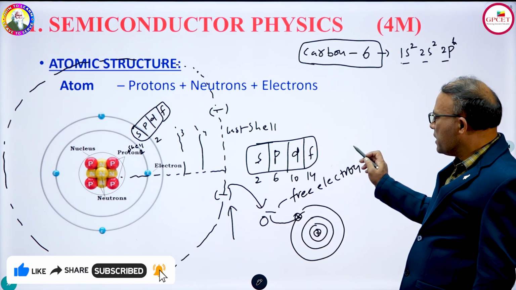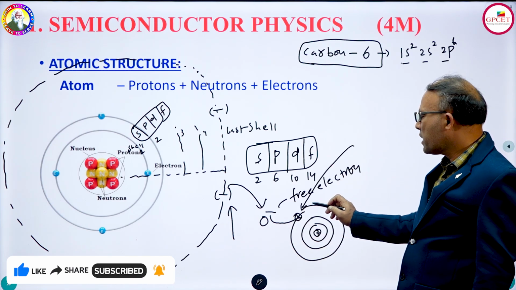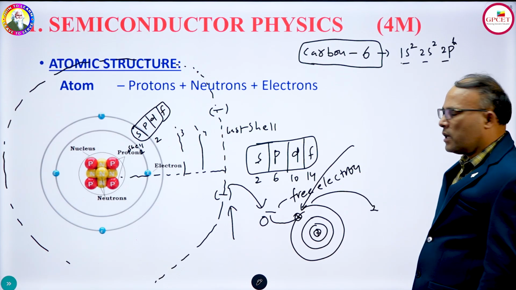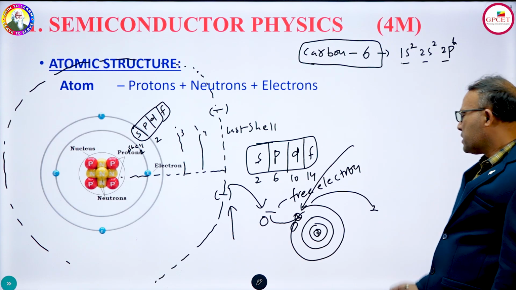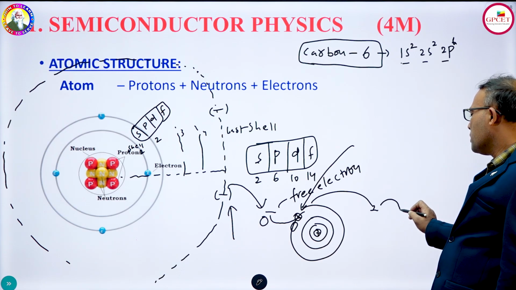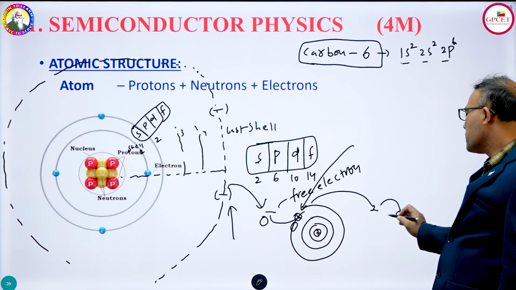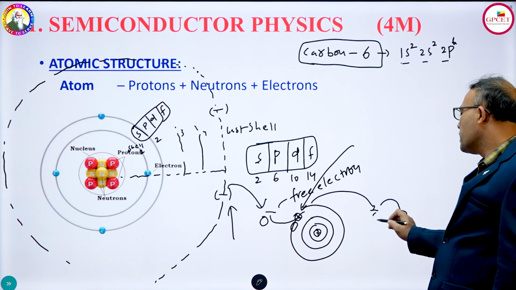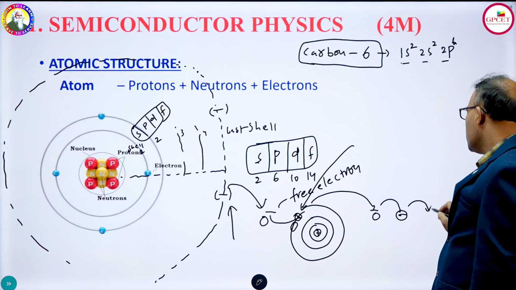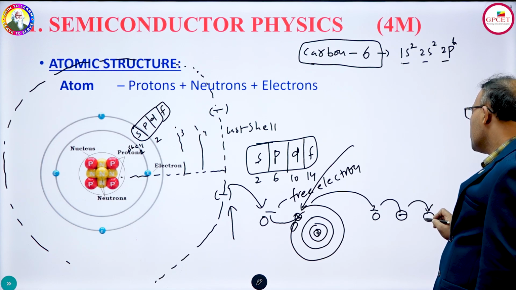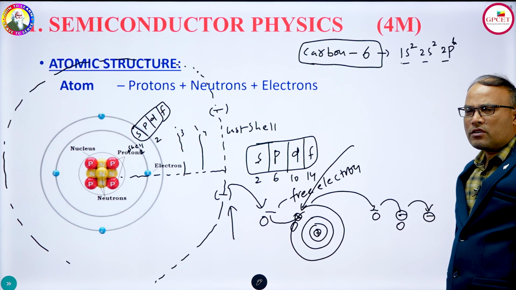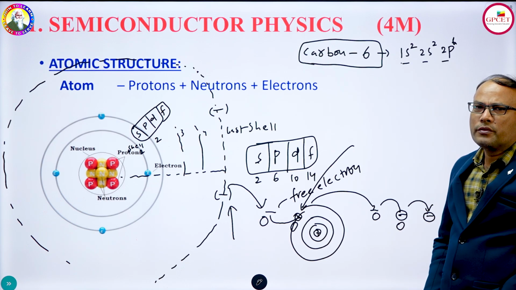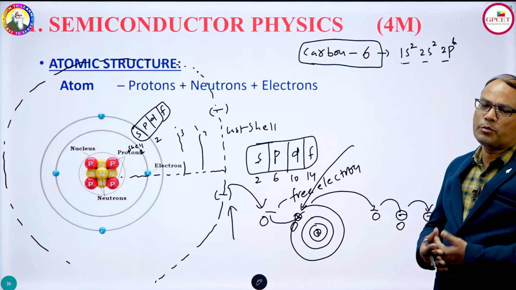Again this electron takes energy from an external source, becomes free, and leaves a hole. Likewise, it keeps jumping to other holes present in the atmosphere, filling each one and leaving a hole.